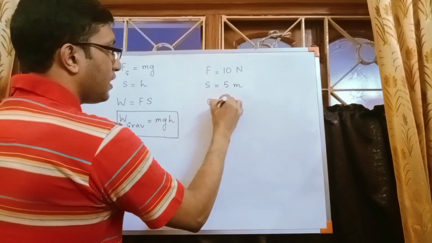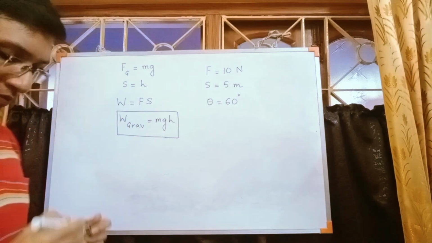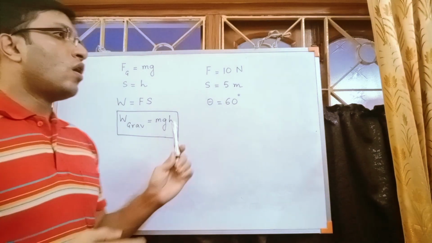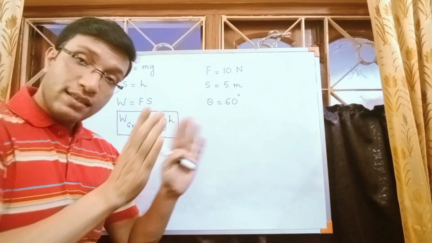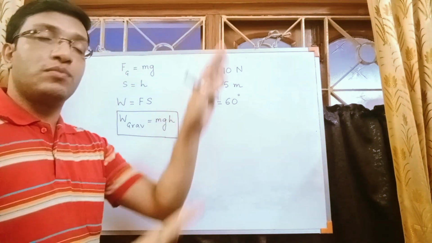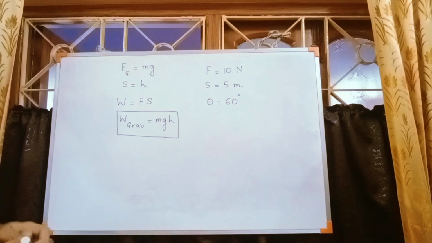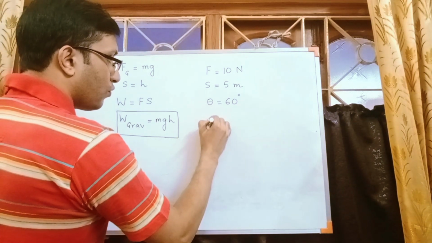That is, theta is equal to 60 degree, right? Like it is in the case of an inclined plane, we are applying force in this direction and the body is moving upwards. So now, we have been asked to calculate the work done.